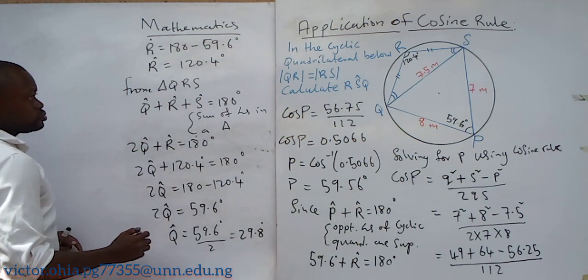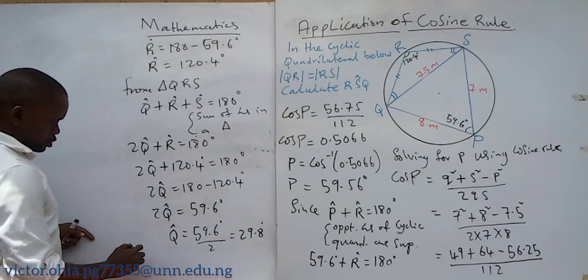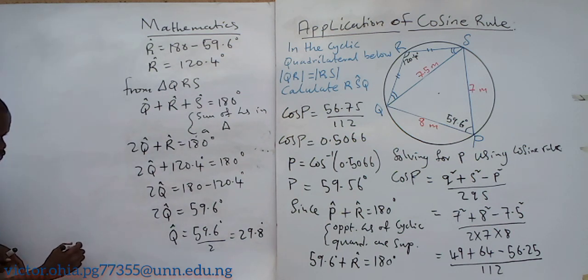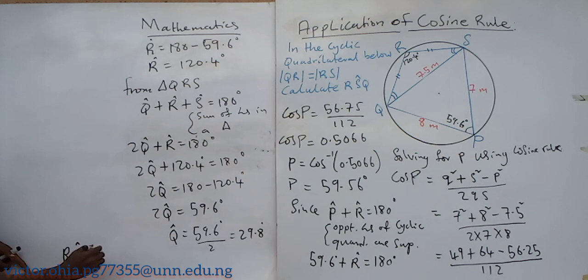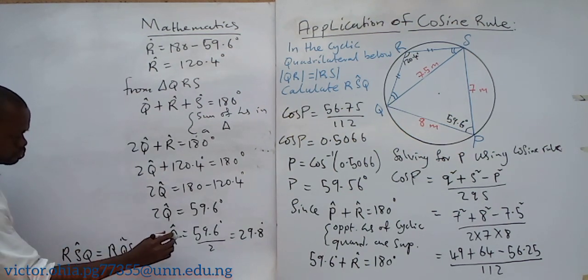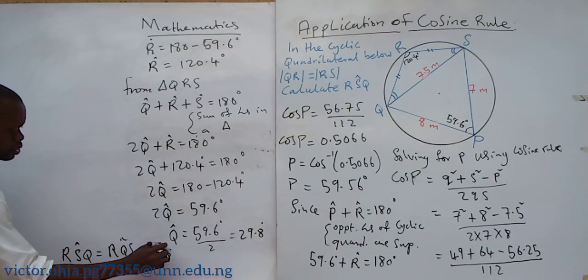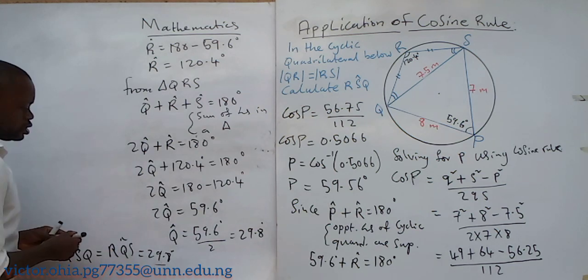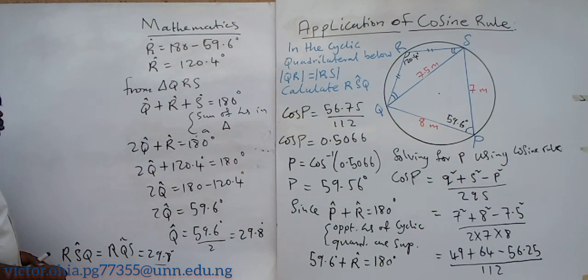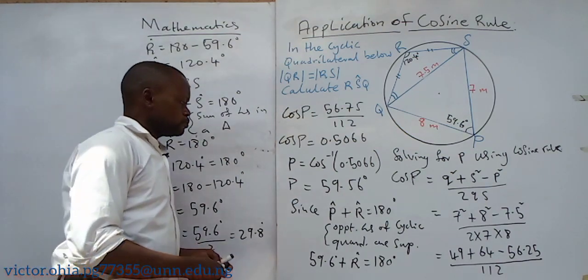So you now know that RSQ, which they ask us to find, which is also the same thing as RQS, those base angles, they are equal, is equal to 29.8 degrees. So this is the result we are able to obtain from this calculation.